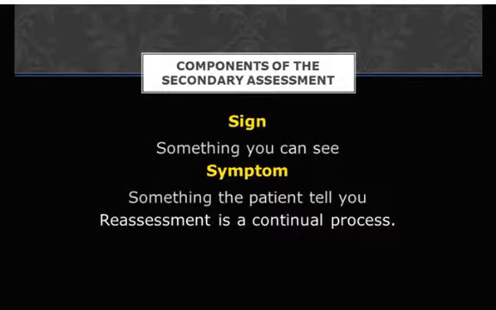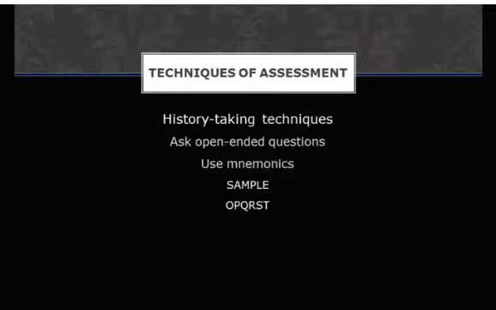Those things are something that the patient has to tell me, and we call those things symptoms. So if you can see it, like you can see a stop sign, that's a sign. If it's something your patient has to tell you, then that is a symptom. And we're going to continue to reassess these as we go through.